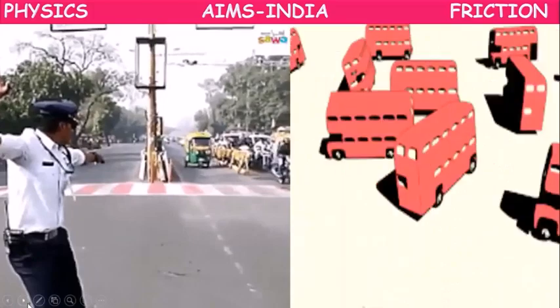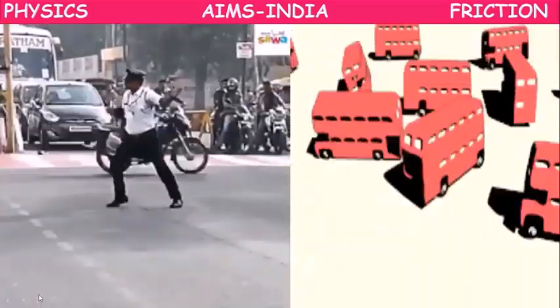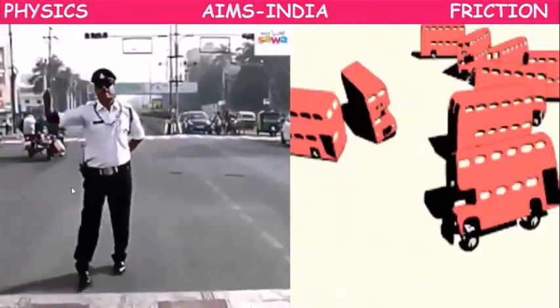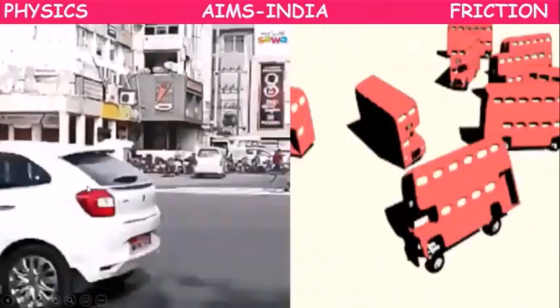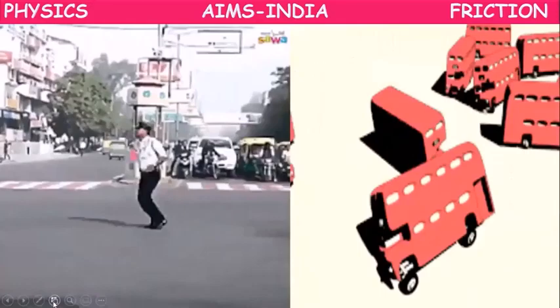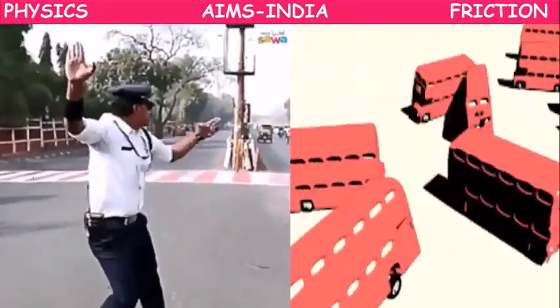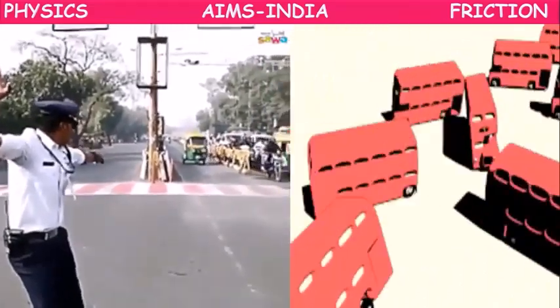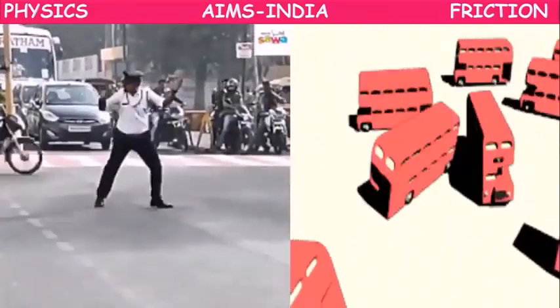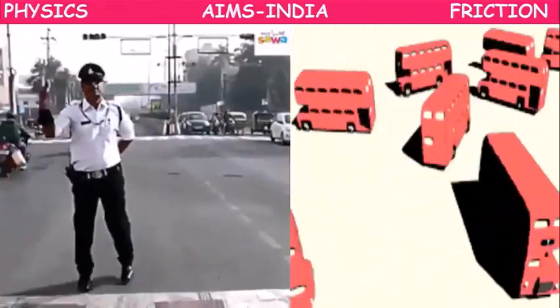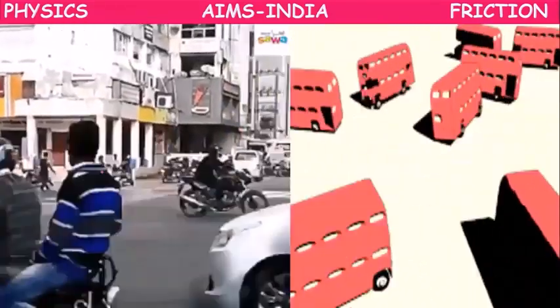If you observe this picture, children, all the vehicles are stopped here due to the signal of this traffic police. When he signals, the vehicles will stop or start as per his directions. Suppose a vehicle is stopped.